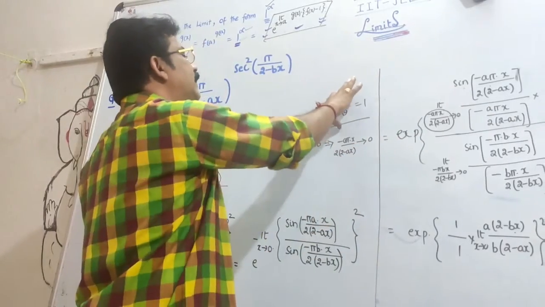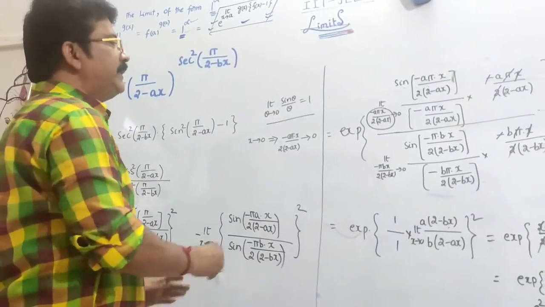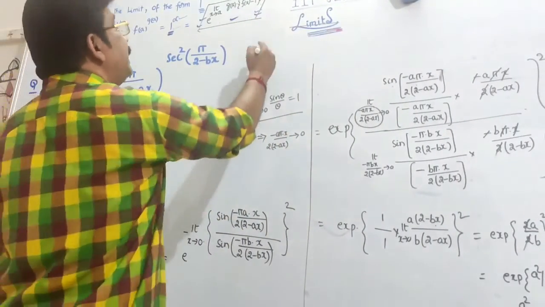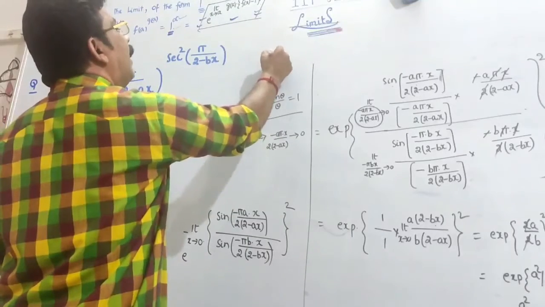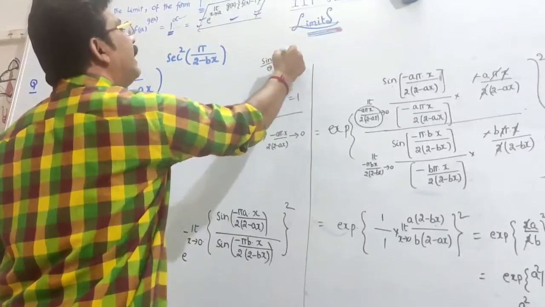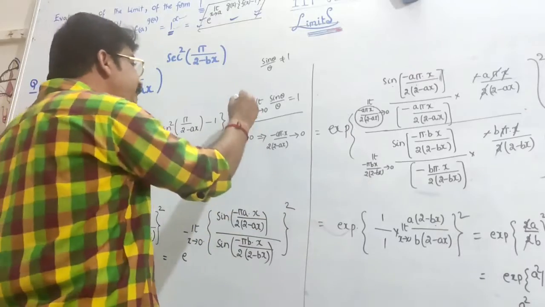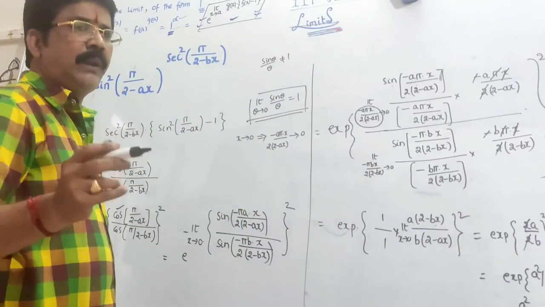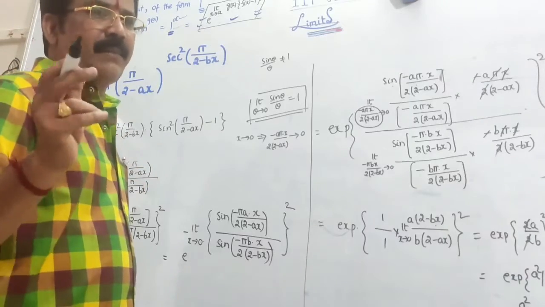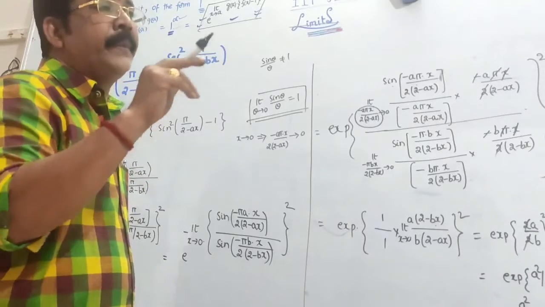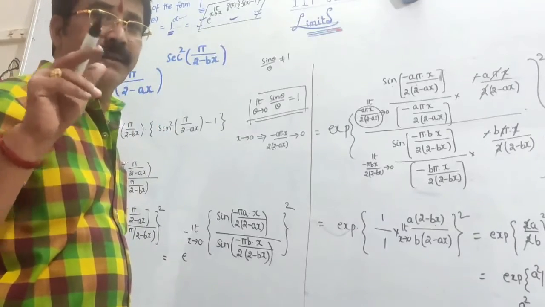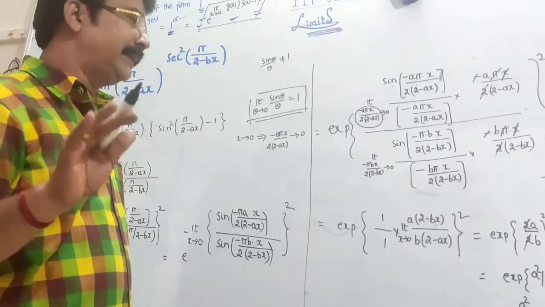So clearly limit theta tends to 0 sin theta by theta is equal to 1. Remember, sin theta by theta is not equal to 1. Limit theta tends to 0 sin theta by theta is equal to 1. Similarly, tan theta by theta is not equal to 1. Limit theta tends to 0 tan theta divided by theta is equal to 1, like that.